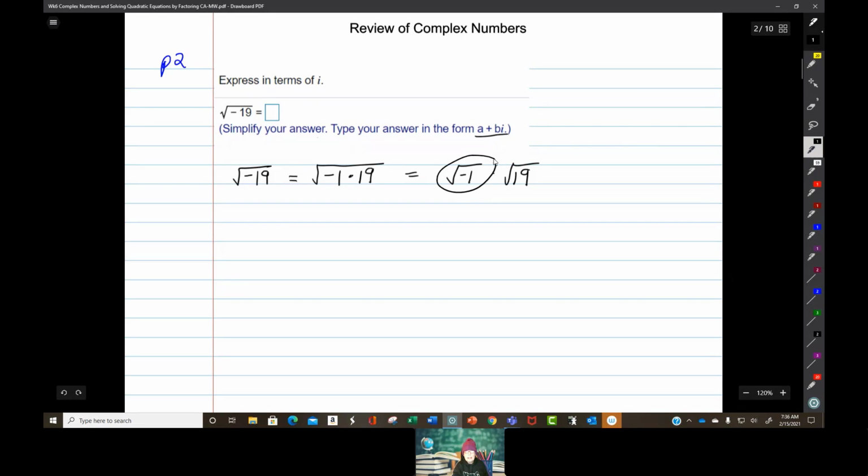And the square root of -1 is i. So a common way of writing it that's really not the correct form is i times the square root of 19. However, the instructions say to write this in the form a+bi. So I have to do that. All right, a+bi.